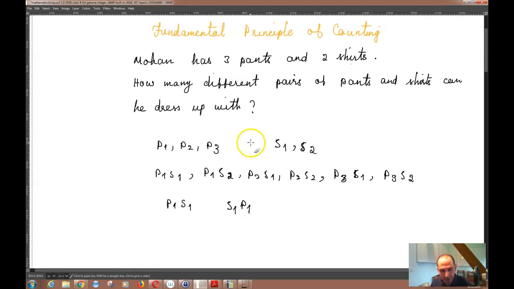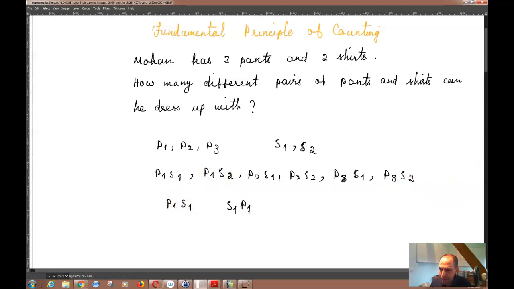So in the way that we are thinking about this problem, it doesn't matter whether you name the pants or the shirt first. At the end of the day, that would be considered the same combination.